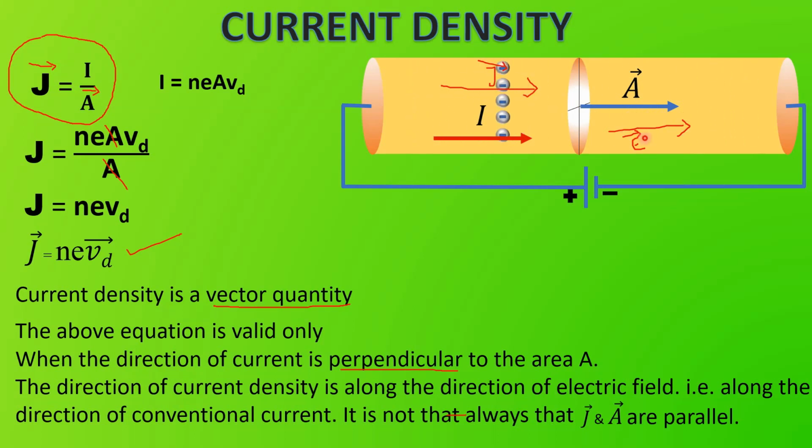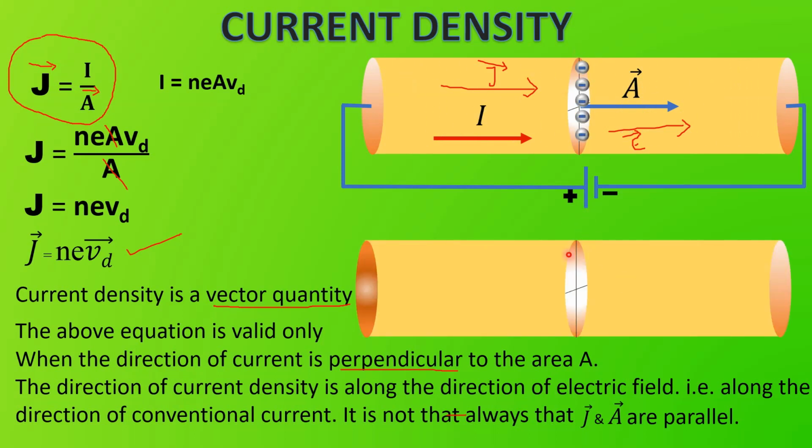So J vector and E vector are along the same direction, and it is not always that J vector and A vector are acting along the same direction. Here we can say the angle between them is 0 degrees, or they are parallel to each other. It is not that they must always be parallel. In this case they are parallel.